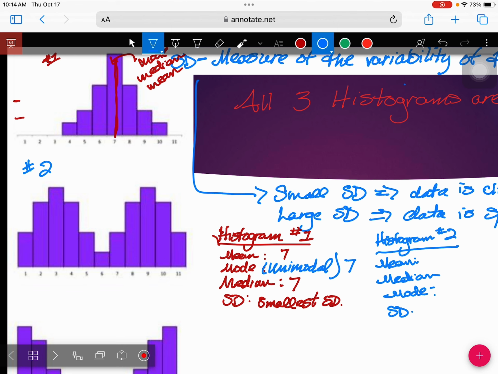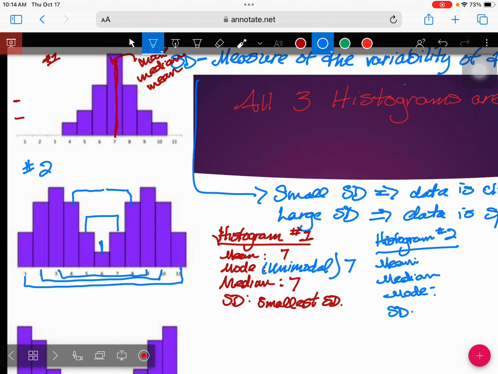Notice 1 and 11 both have the same height, so the same number of people scored 1 on the quiz as scored 11. Here, 2 and 10 are the same. 3 and 9. 4 and 8. And 5 and 7. And so 6 is left by itself.